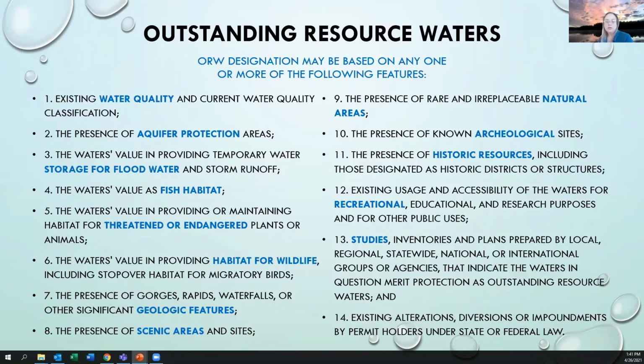It can be for water quality, aquifer protection, if it feeds a lot of groundwater, floodwater storage, fish habitat and wildlife habitat, threatened or endangered species protection. It can be done for geologic features, that's why I'm putting Twin Falls and Great Falls forward. Geologic features that are really key and important, and scenic and archaeological and historic.